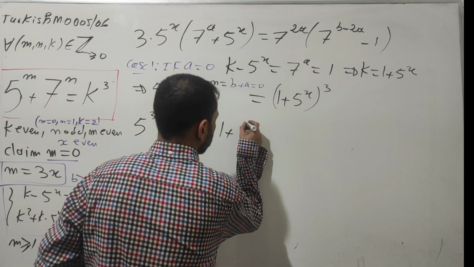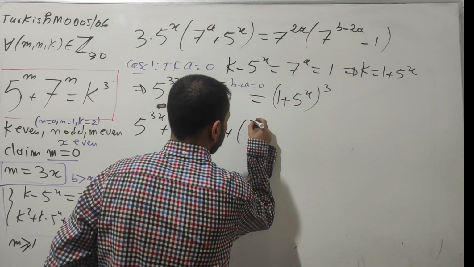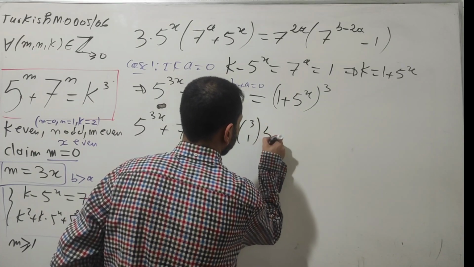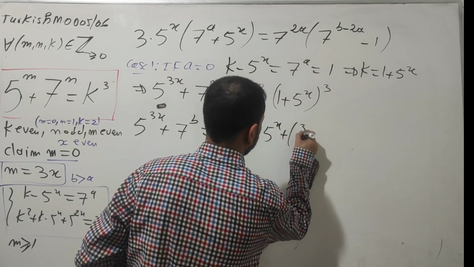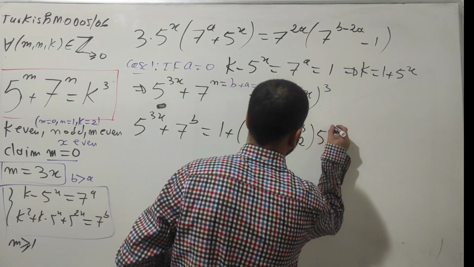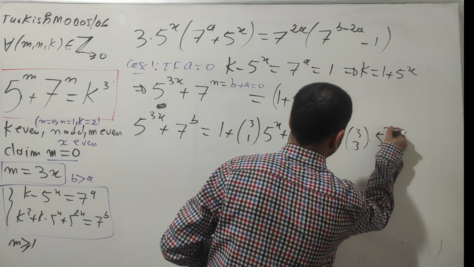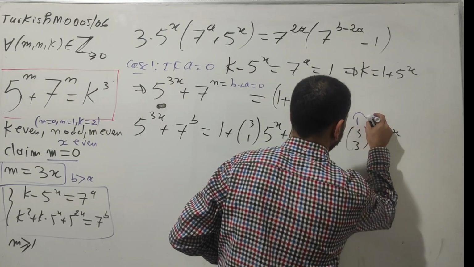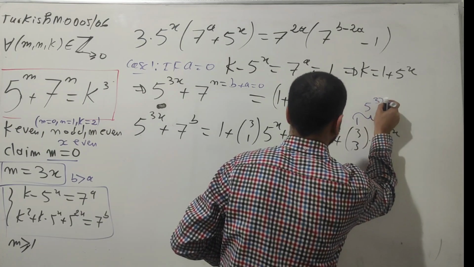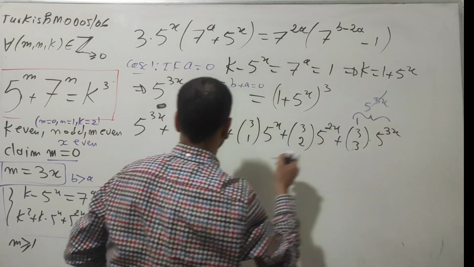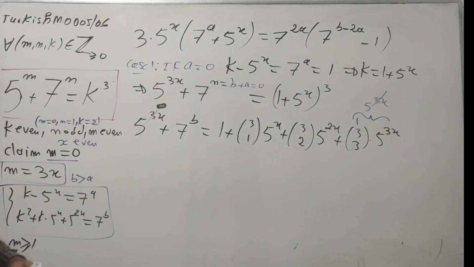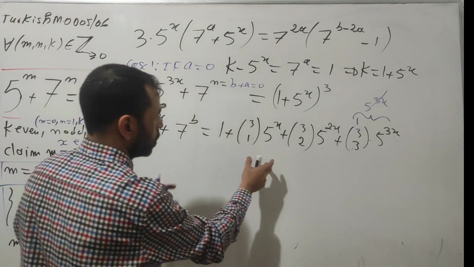So I get 1, 3 choose 1 multiplied by 5 to the x, plus 3 choose 2 multiplied by 5 to the 2x, plus 3 choose 3 multiplied by 5 to the 3x. I'm going to be left with 5 to the 3x. I'm going to take this 5 to the 3x and cancel it out. We'll be left with 7 to the b equals this stuff.